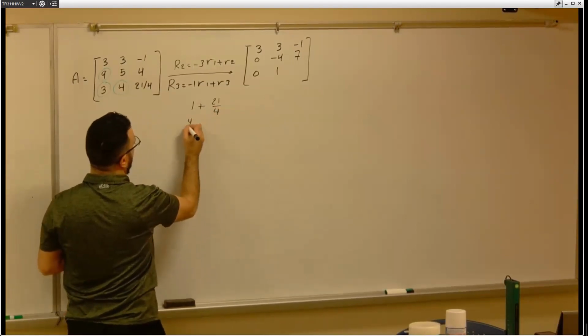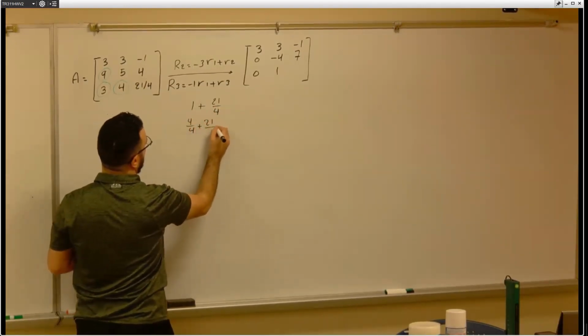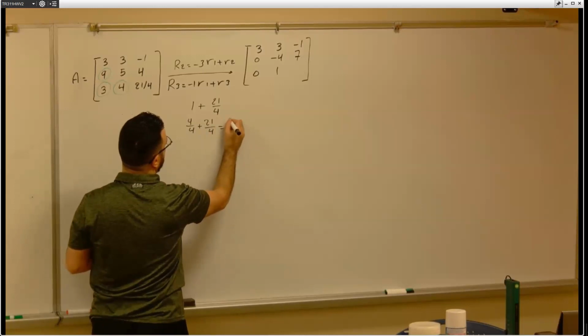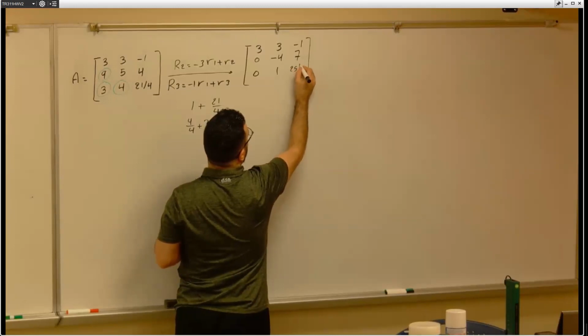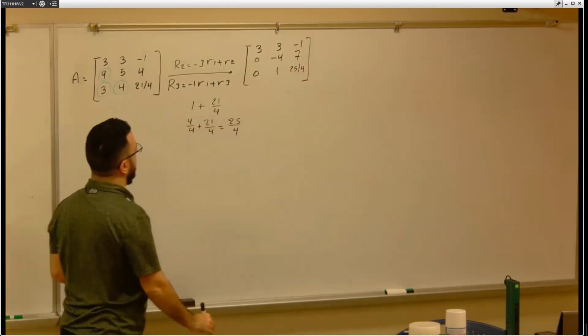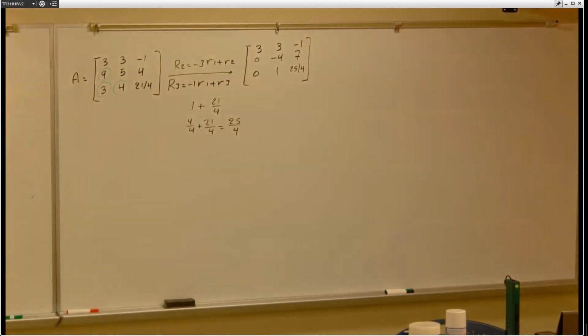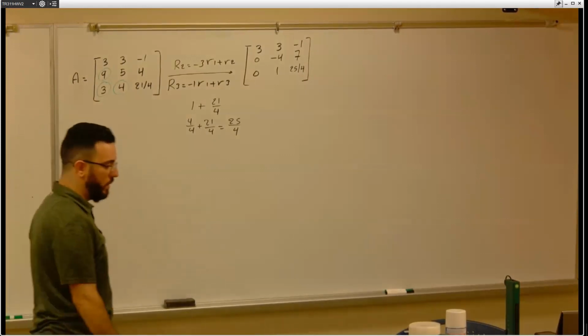That's 4 over 4 plus 21 over 4, and the result is 25 over 4. Yes or no?